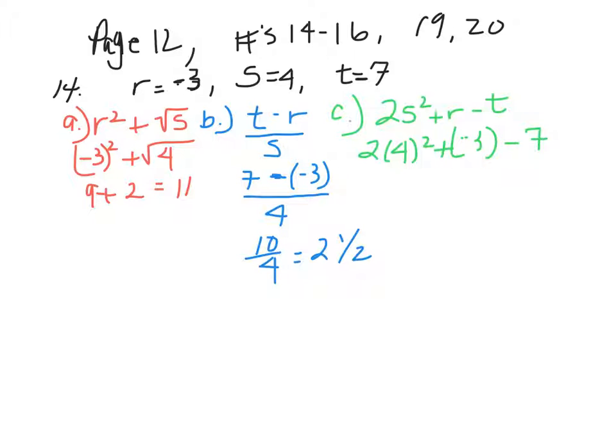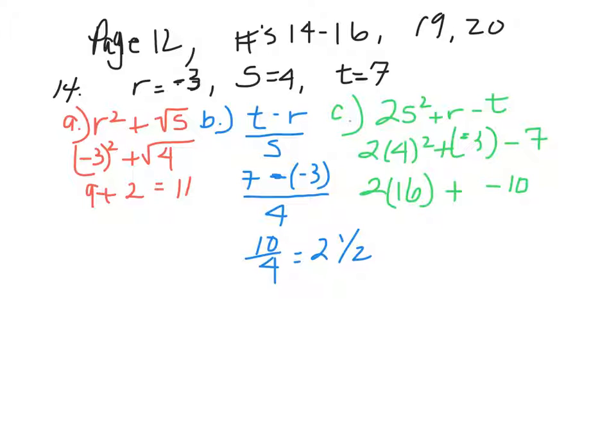Remember your order of operations. Exponents first. 4 times 4 is 16. Plus -3 minus 7. -3 minus 7 would be -10.